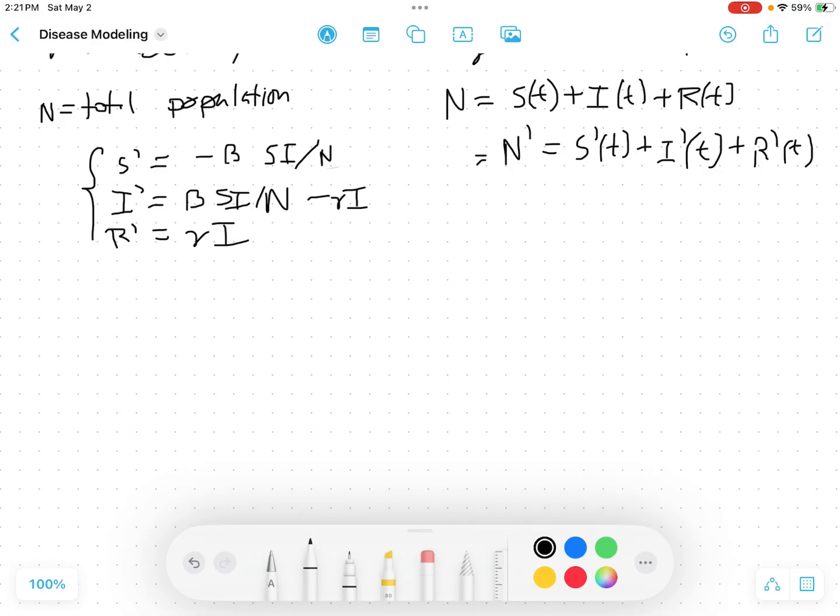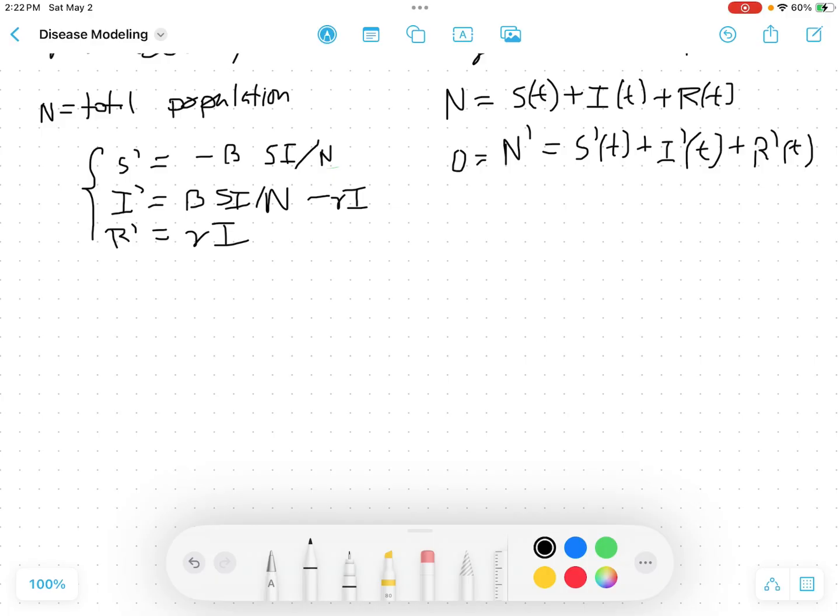Total population, for this model, we're assuming that it's not changing. We're not worrying about longer time periods where the population itself is shifting. So population rate of change should be 0, which in other words would mean that these should all cancel one another out.